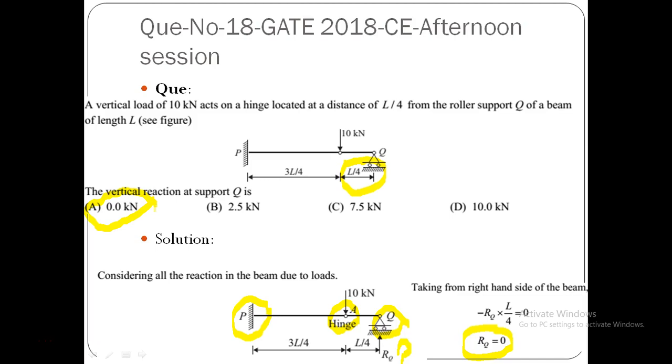Now the student has to solve this particular problem within 30 seconds or 40 seconds maximum.